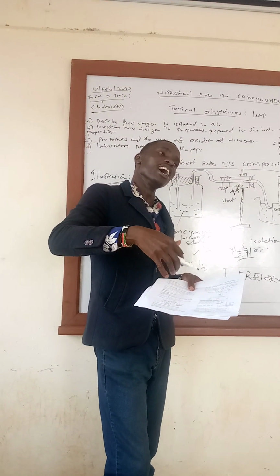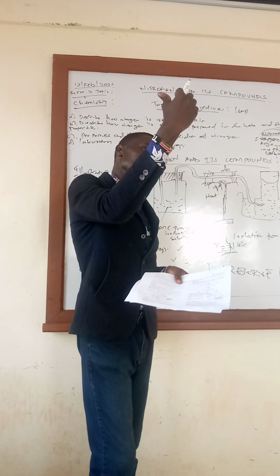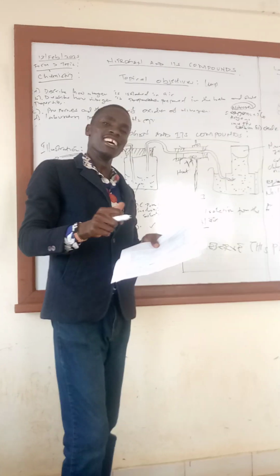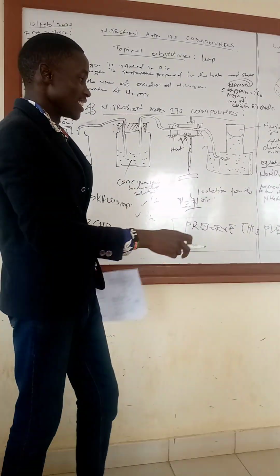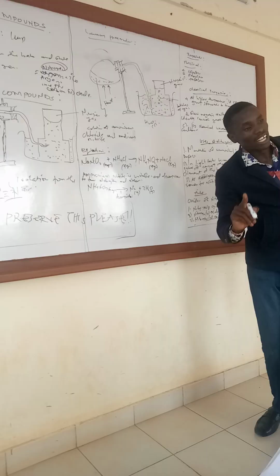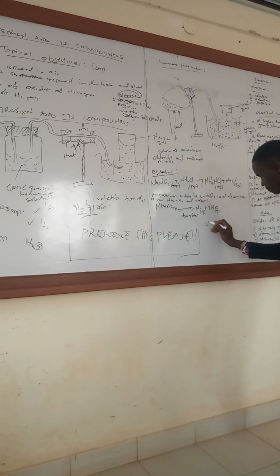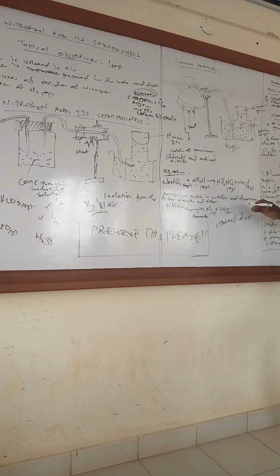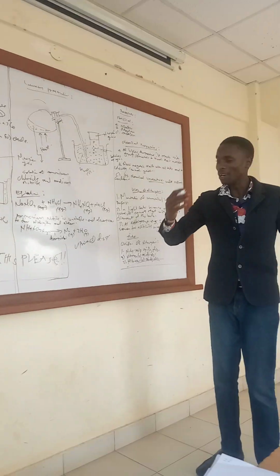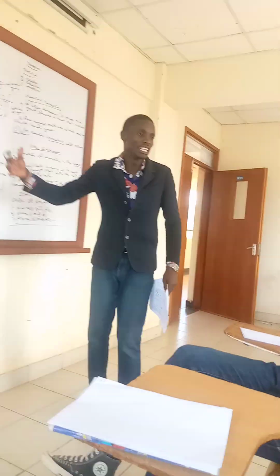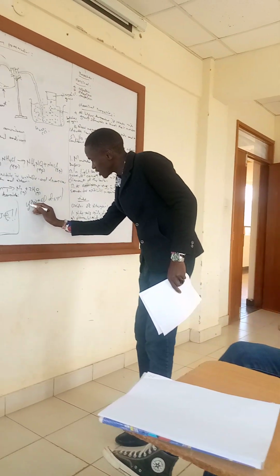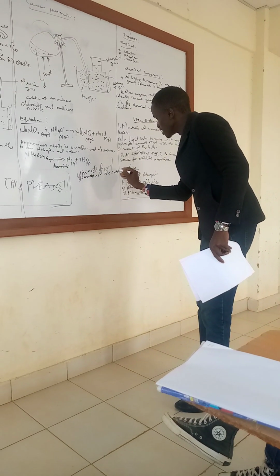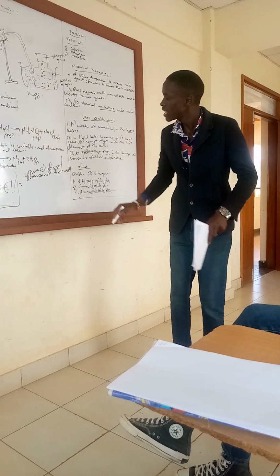Upward delivery is also called downward displacement of air: you displace the air downwards. Then we have downward delivery, which is the opposite, also called upward displacement of air.